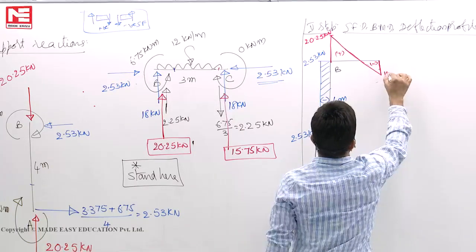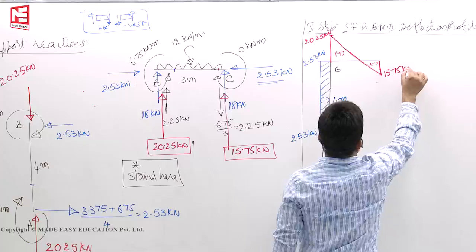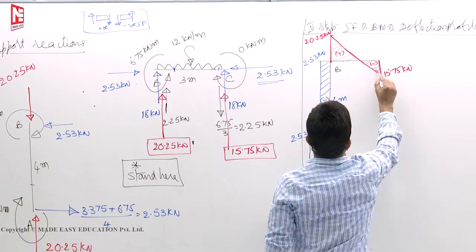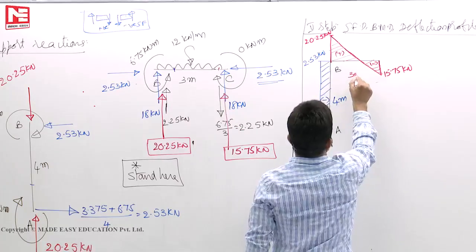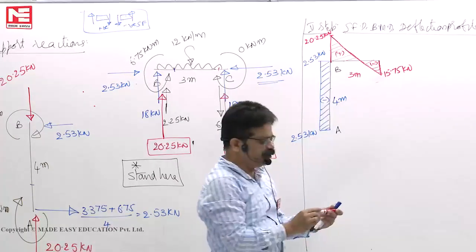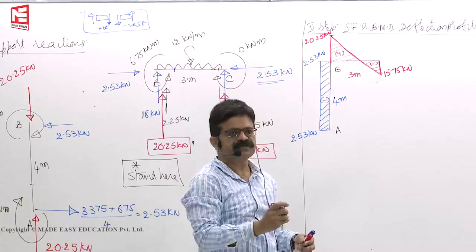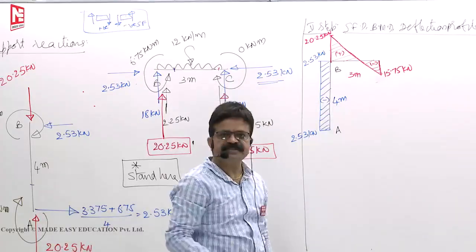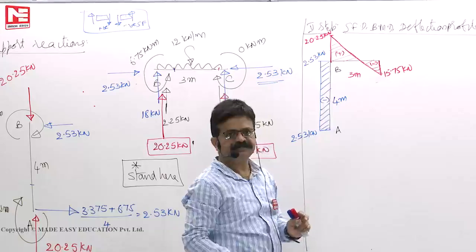This value happens to be 15.75. This length is 3 meters. Like that, you add three independent shear force diagrams. Draw them, connect them. That becomes the shear force diagram for the frame.